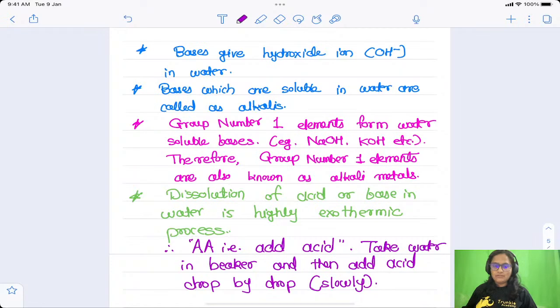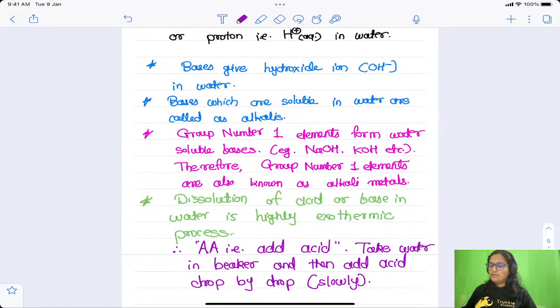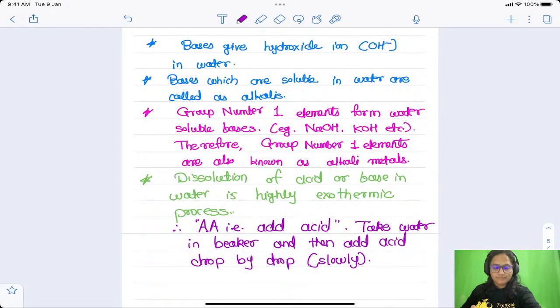This is also very important. Now just take a screenshot of this page. This is because the reaction is highly exothermic in nature.